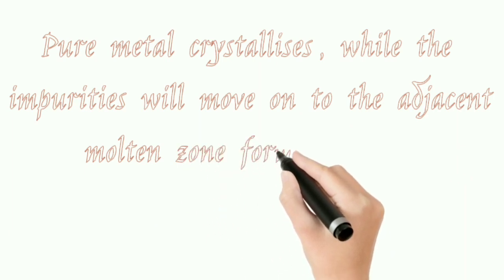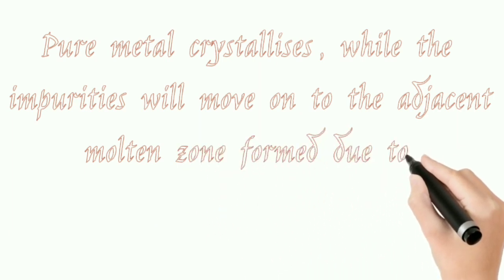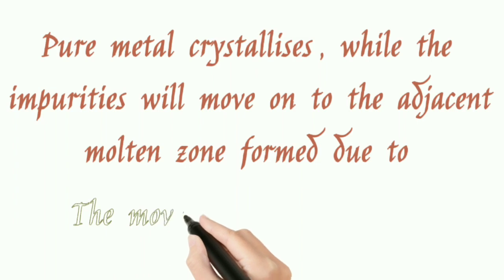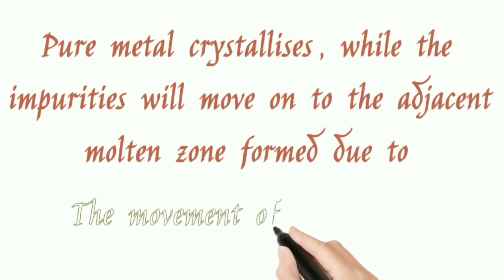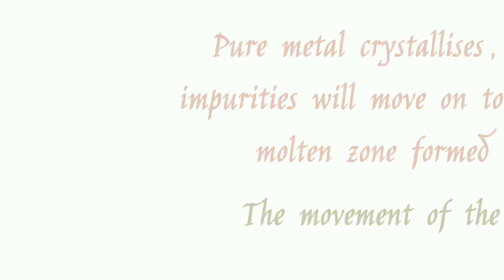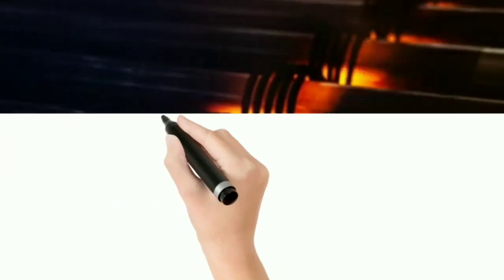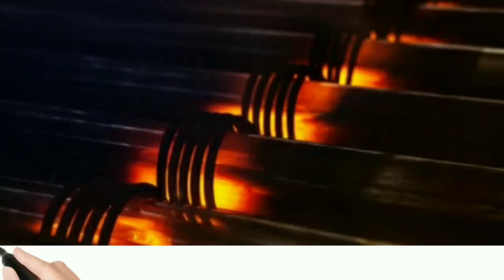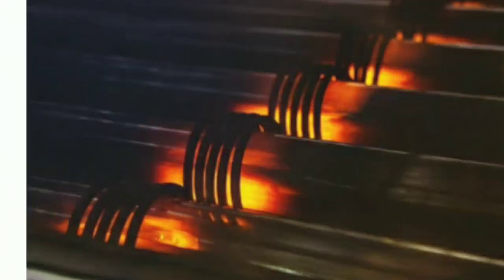So when we move the heater, all the impurities will move to the right side of the heater, and the metal we get on the left side will be pure. So along with the movement of the heater, the impurities will go off. The picture I am showing here is zone refining in the horizontal position. You can see the heater in the middle.